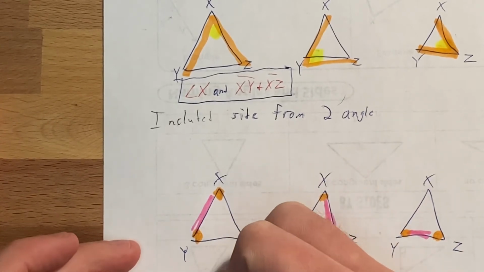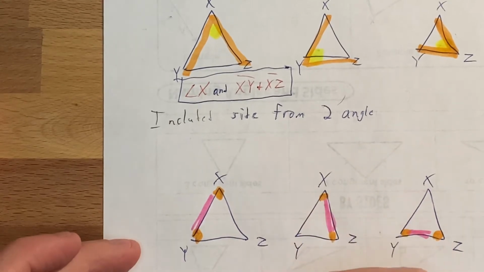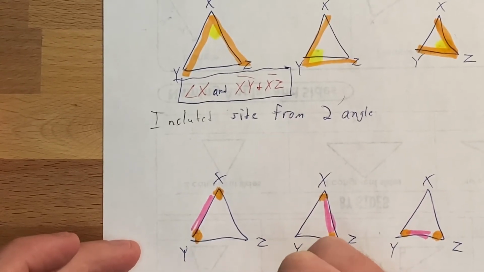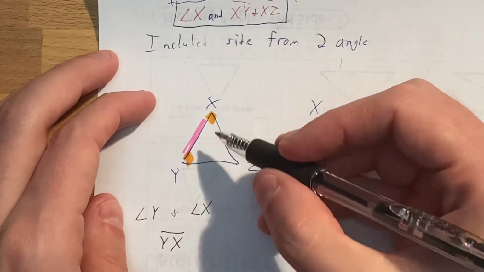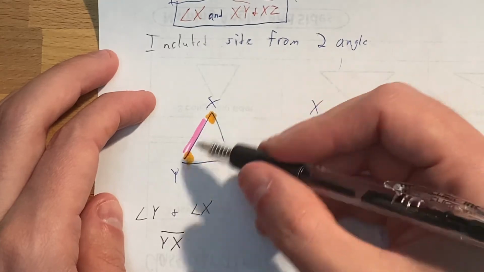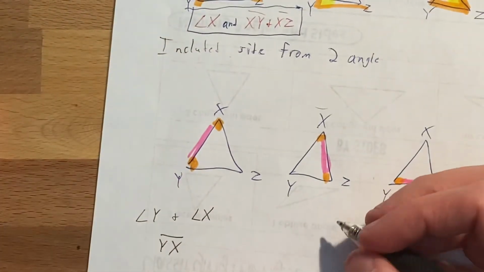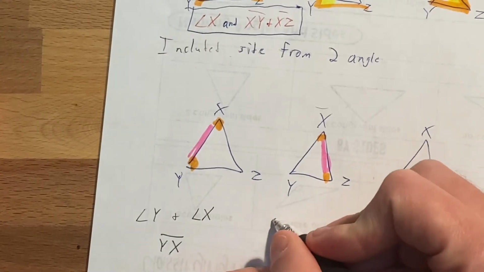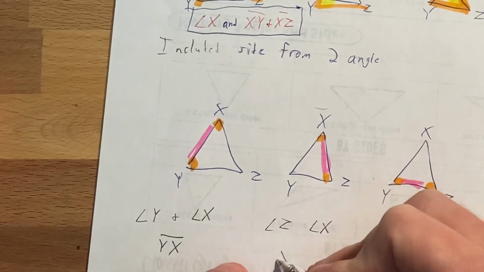So given Y and X, you can see that YX is the line segment that connects them. Right? If you're given angle Y and angle X, YX connects them. Which, when you do these problems, you can sometimes just know that without even looking at the picture. Like angle Z and angle X would be XZ.